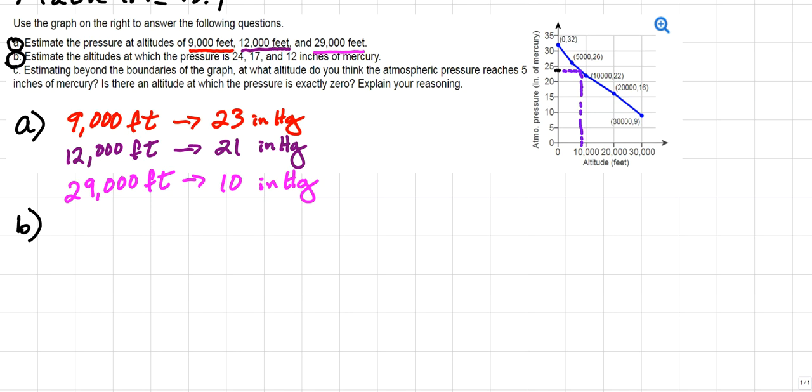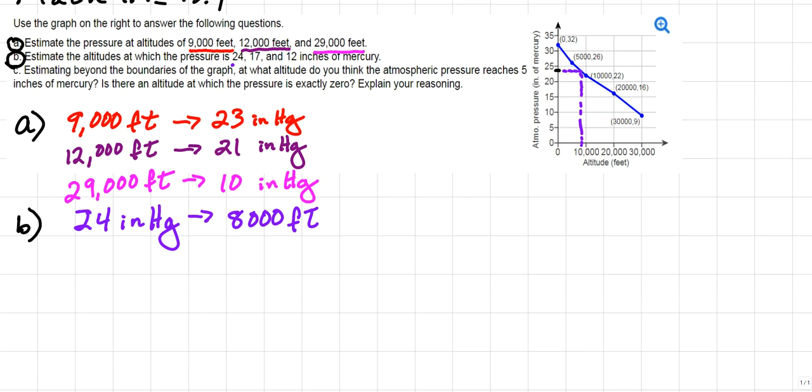It's an approximation. So at 24 inches of mercury, we'll say roughly 8,000 feet. But there's a little bit of leeway in there, and you could have answered anywhere from 6,000 to 10,000 depending on how you drew your line.